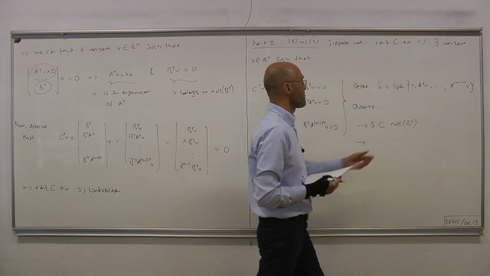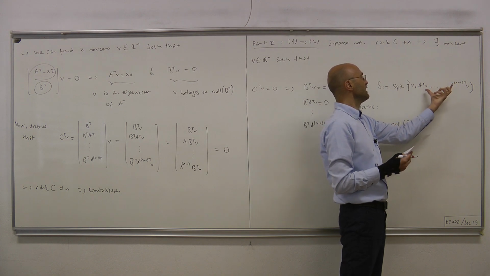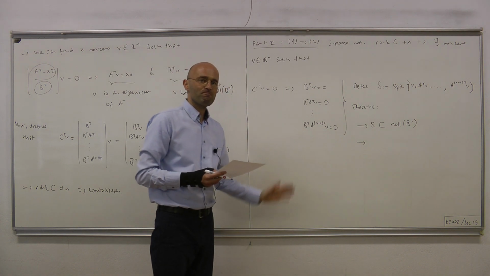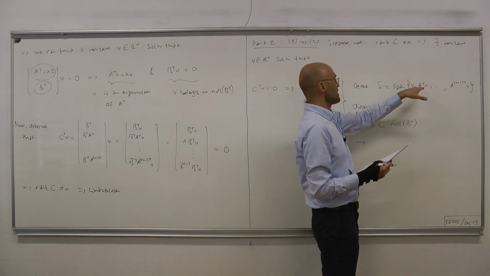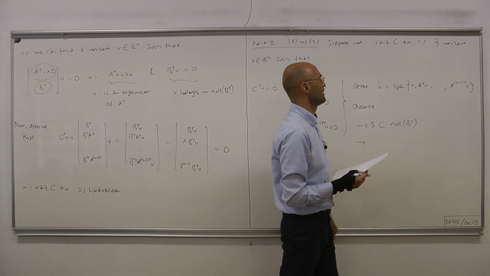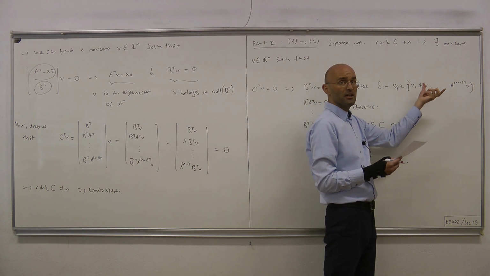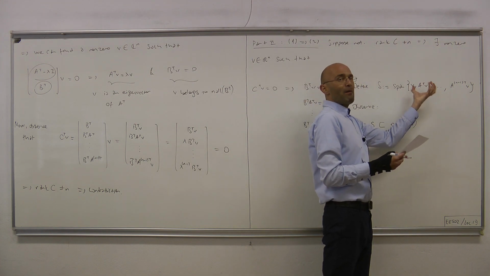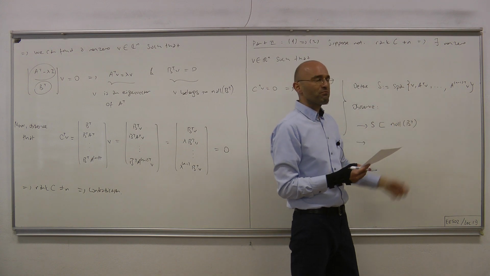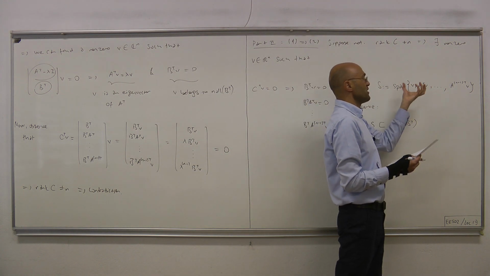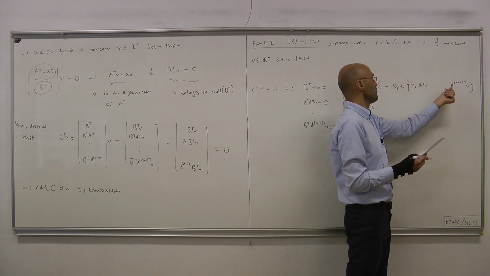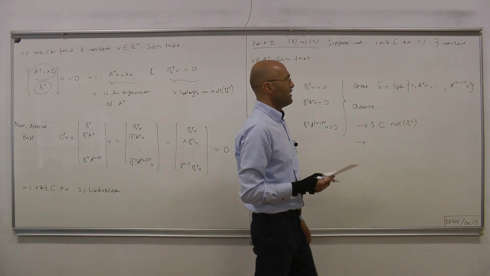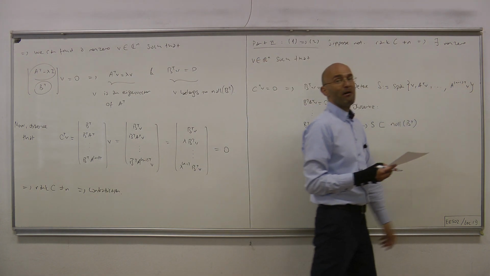Furthermore, by the Cayley-Hamilton theorem, take any linear combination of these n vectors and multiply by A transpose. Since everything is some power of A transpose times V, the result can be written as a linear combination of powers of A transpose, and by the Cayley-Hamilton theorem, you don't have to go further than the power n minus 1.